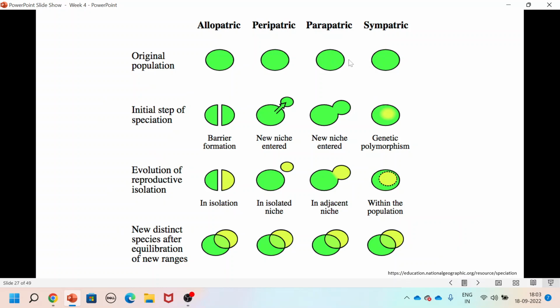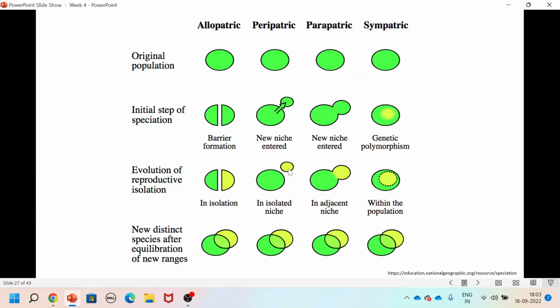So, apart from this, speciation can also happen in two other ways, which are the parapatric and peripatric speciation. So, in peripatric speciation, the new species are formed in an isolated smaller minor population, as we can see here.